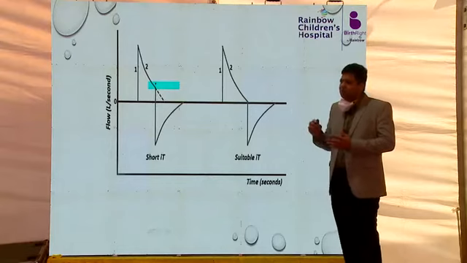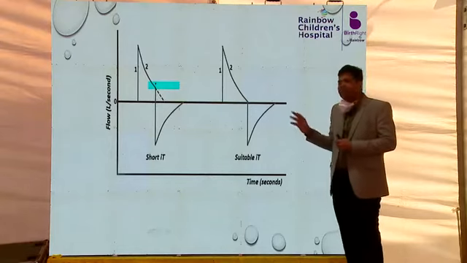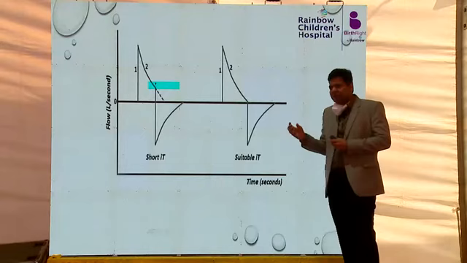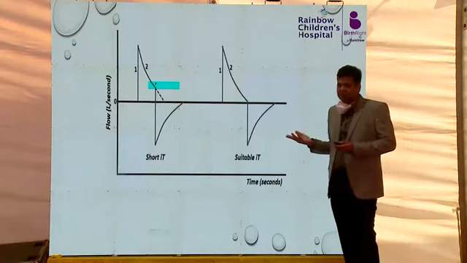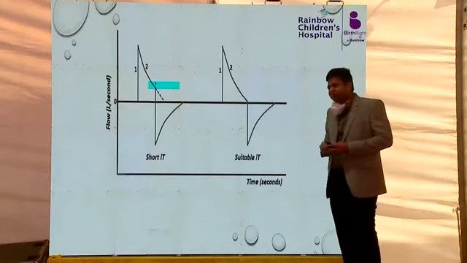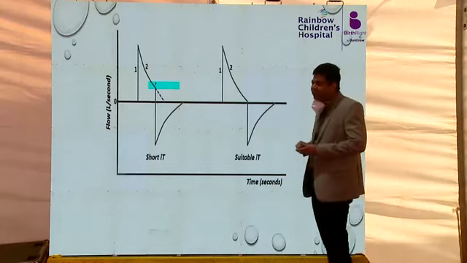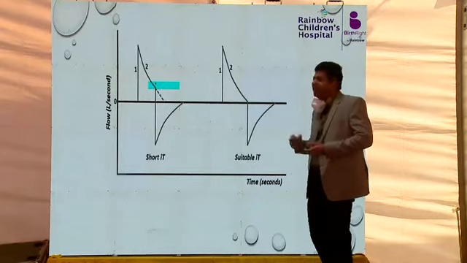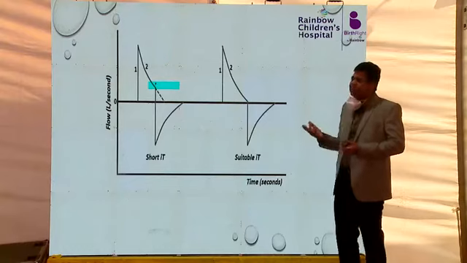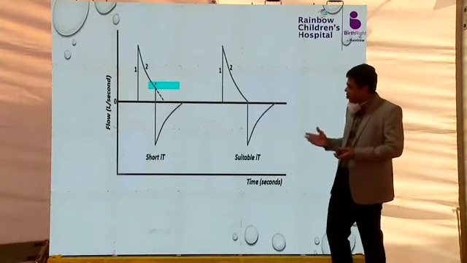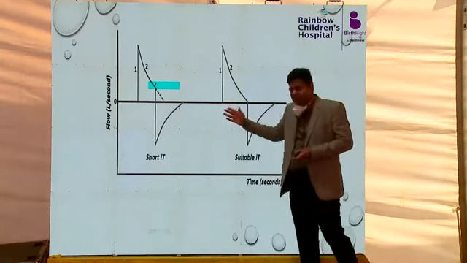In the first talk you understood that TI is decided by compliance and resistance, the time constant, and that TI should be 3 to 5 times the time constant. Suppose you have put it too low, what is the risk? Good. The alveoli will not be recruited, right? So eventually your child will start deoxygenating. So your TI should be appropriate.